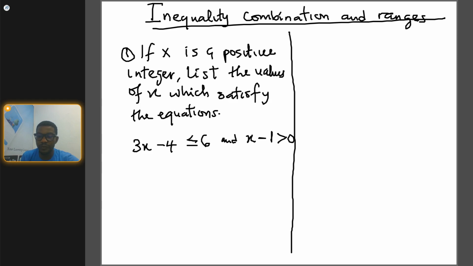Let's solve that question. To solve this question, we need to handle those inequalities separately. So we have the first one to be this, and the second one to be this.